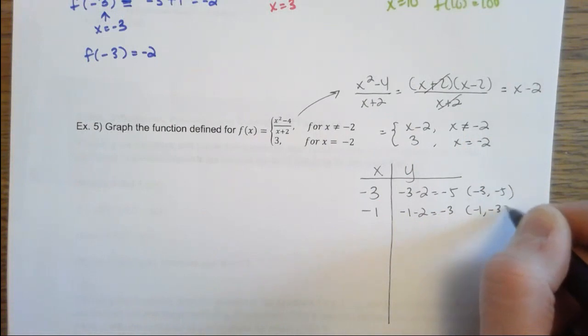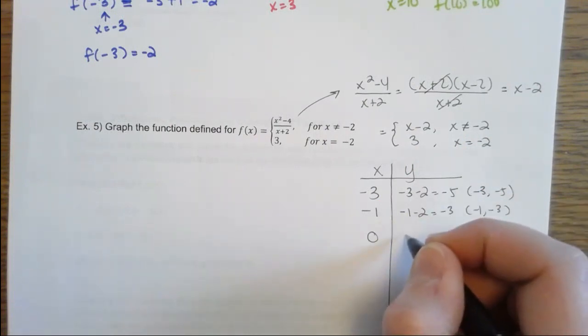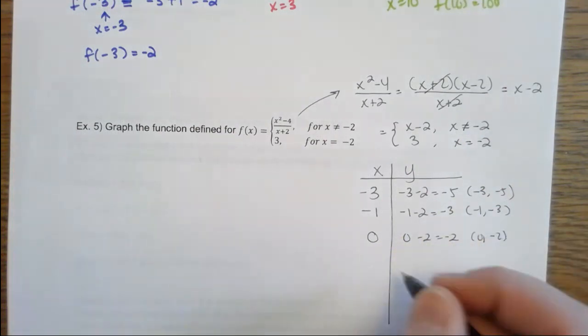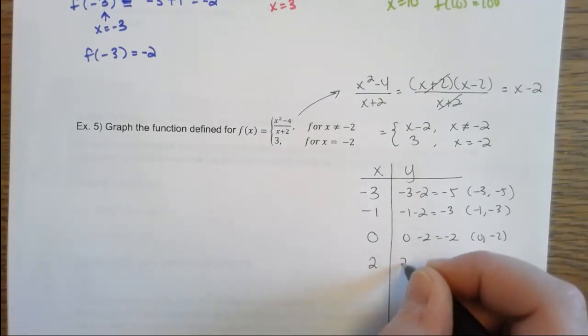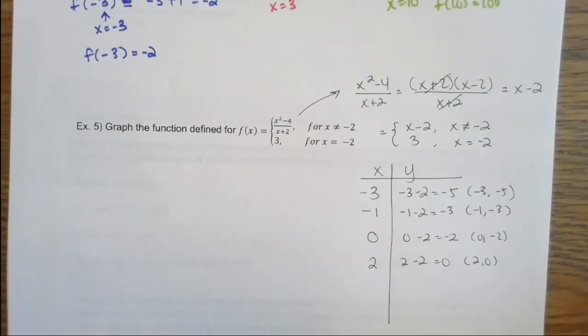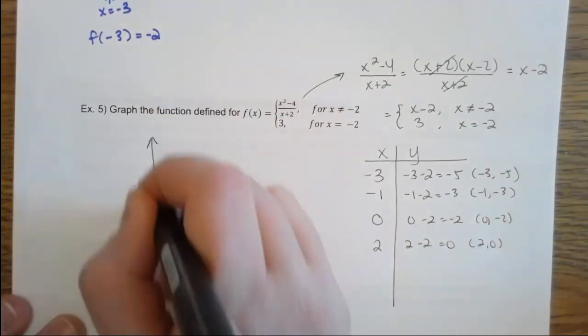So -1, -3. Maybe I plug in 0. So I get 0 minus 2 is -2. Maybe I plug in, I don't know, 2. So 2 minus 2 is 0, and so on. I can plug in as many points as I need to see that pattern there. So let me start with that piece.